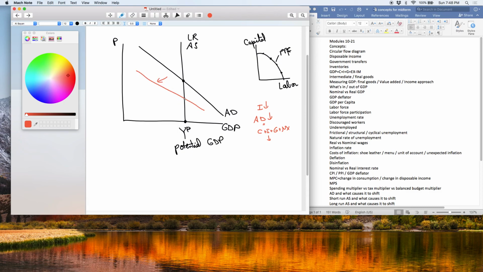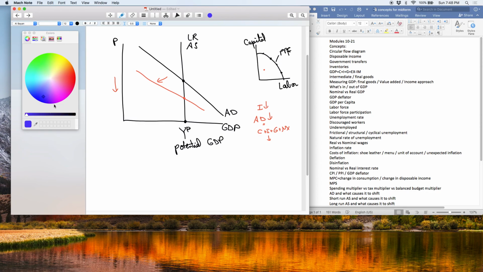Well, guess what? Where's the new equilibrium? Still at potential GDP, just at a lower level. Okay, so the classical approach does not understand the possibility of having a recession because you're always on your potential. There's no unemployment. Unemployment would put you inside. You're always on potential.